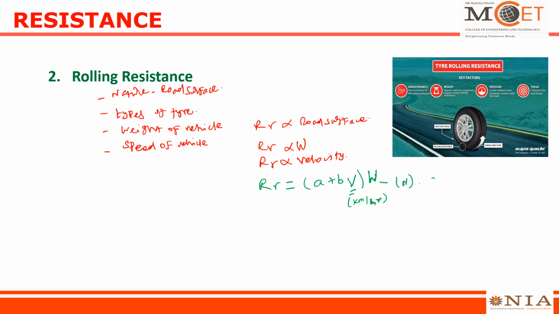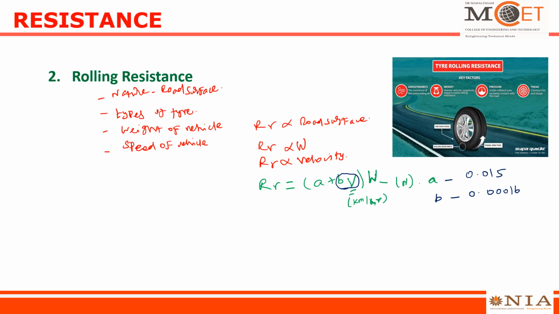A value is a constant value, so I just give 0.015. B is equal to 0.00016, so this value is minimum.